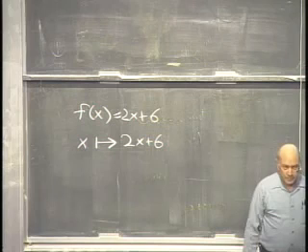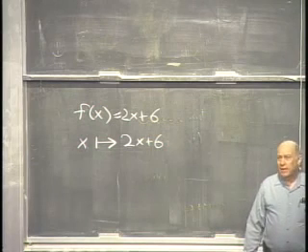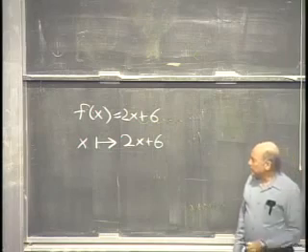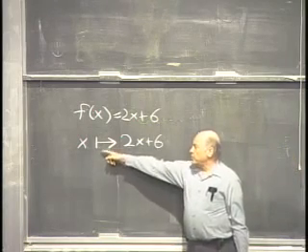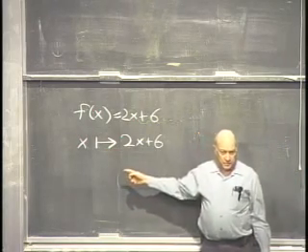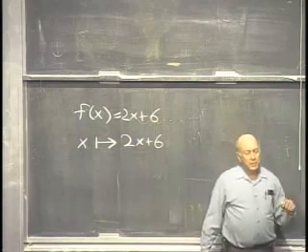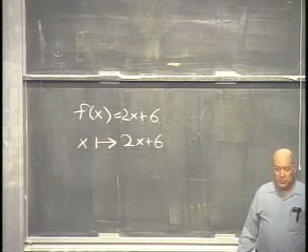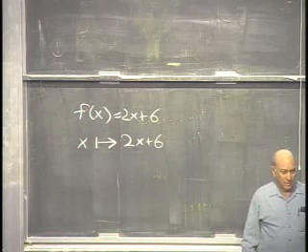Footnote to that. Another reason freshman calculus is hard is precisely that they usually don't use this maps to notation when they want to talk about a function without giving it a name. All they do is they write down a formula like 2x plus 6. Right?